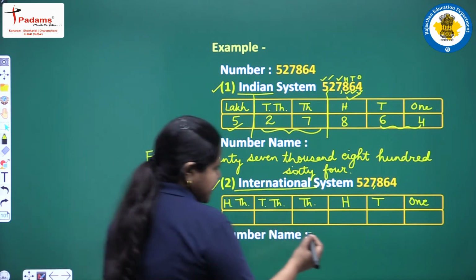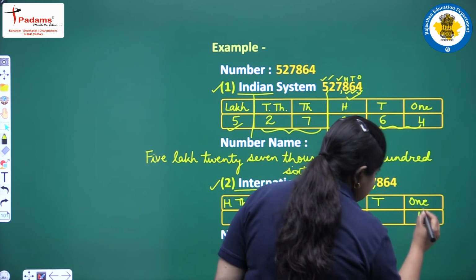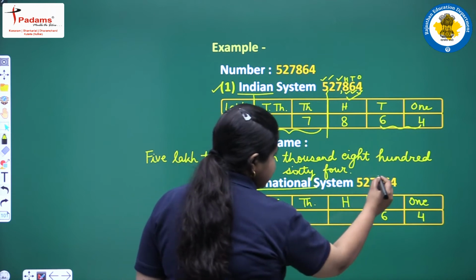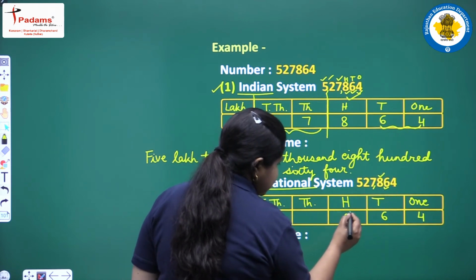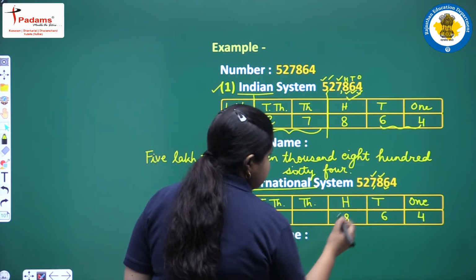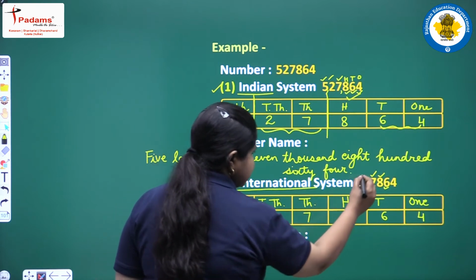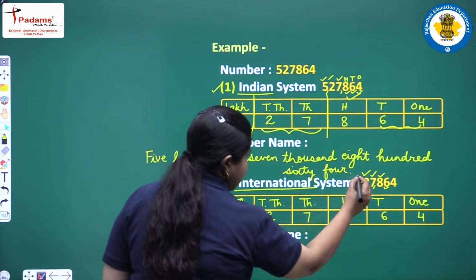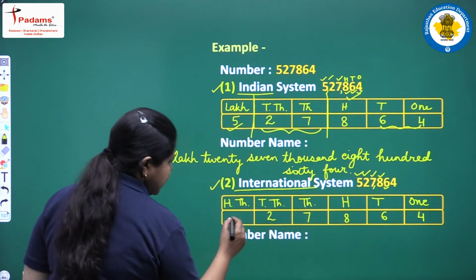Let us fill up the digits in it. 4 is at ones place, then we have 6 at tens place, then 8 at hundreds place, 7 at thousands place, 2 at 10,000 place, and 5 at 100,000 place.